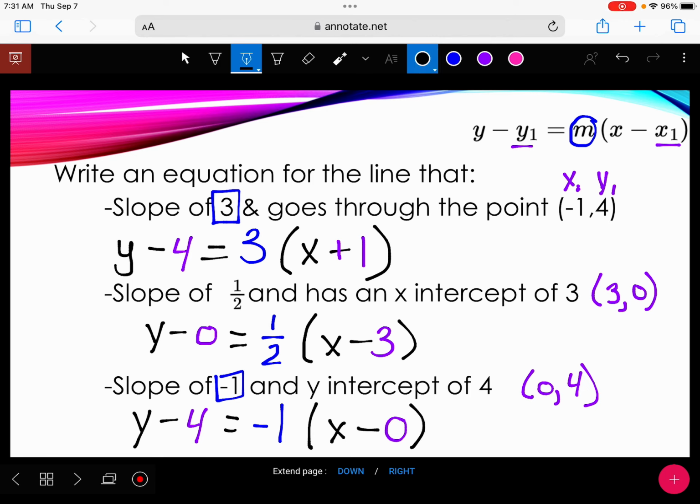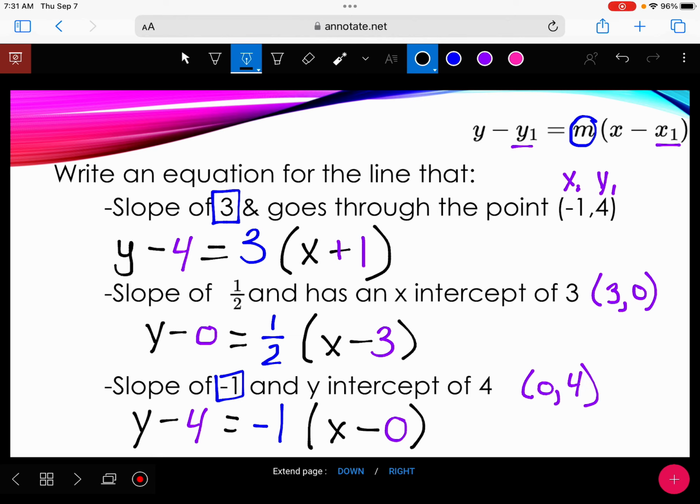And again, I'm totally okay with us leaving it like this. We could also notice that x minus 0 is the same thing as x, and write it as -1x. Questions on these ones?